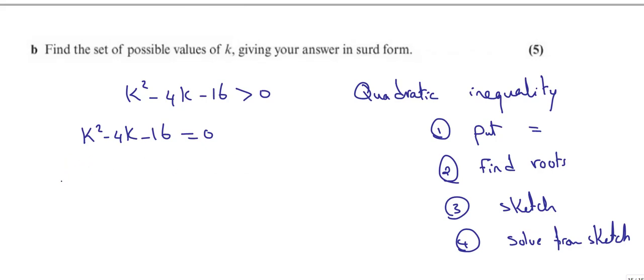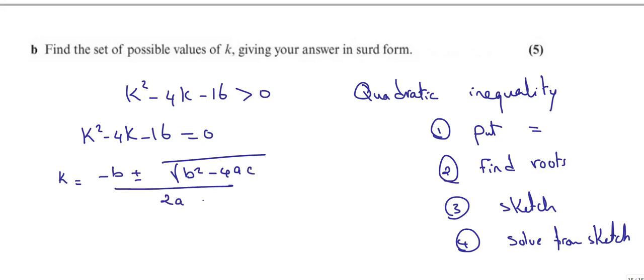The quadratic formula is k equals minus b plus or minus the square root of b squared minus 4ac, over 2a. Here I have a equal to 1, b equal to minus 4, c equal to minus 16.